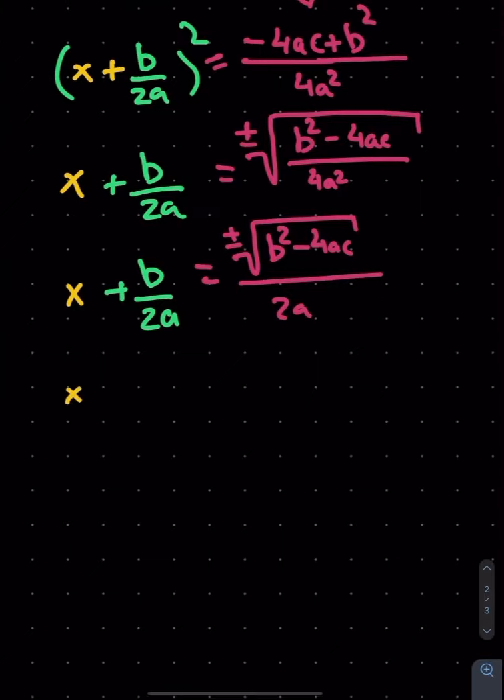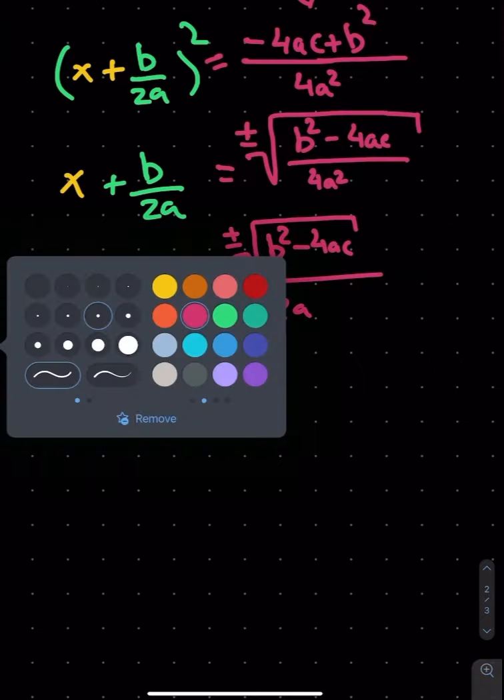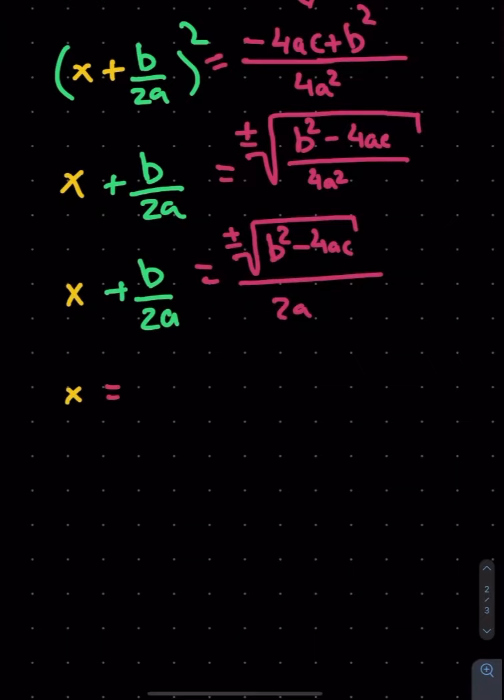So it'll be x is equal to negative b over 2a, right? Plus, because there's a plus in front of it. Well, it's actually plus or minus. Sorry, I got a little bit confused there.